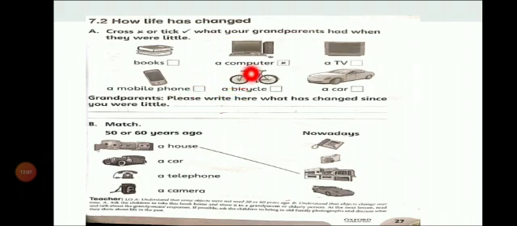Then look here, what is this? This is a means of transport, a road transport. This bicycle, yes, it's used for moving here and there on the road. So there is a block, you have to put a tick or cross on whether a bicycle was used by our grandparents when they were little or not.